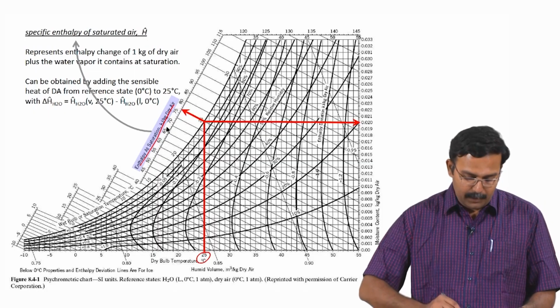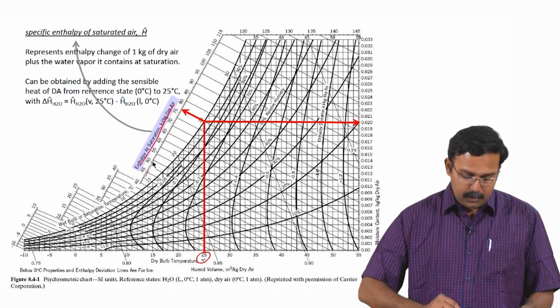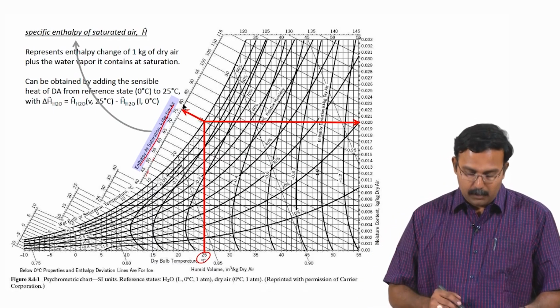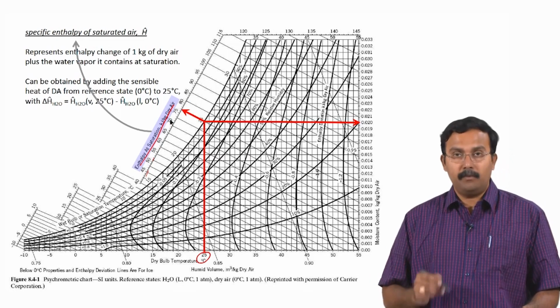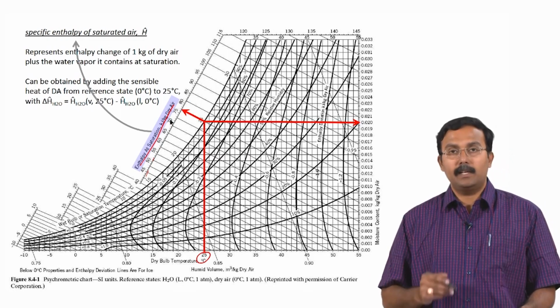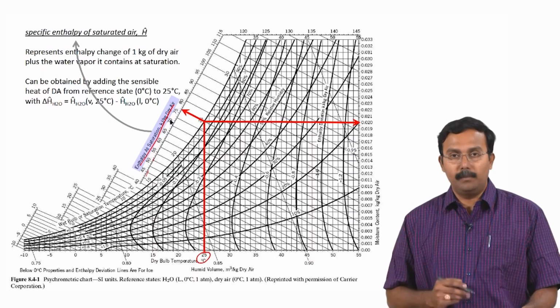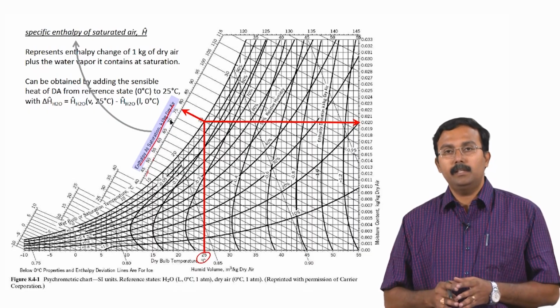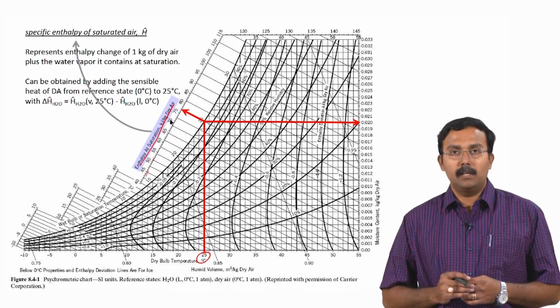So which can be identified along this axis, which is given as 40, 45, 50 and so on. So here it is about 76.8 or so. So the units are kilojoules per kilogram of dry air. Again it is given in kilograms of dry air, not kilograms of humid air. So you can actually calculate this value and you can use it for performing energy balance calculations.